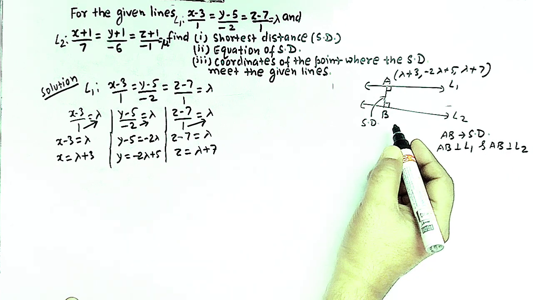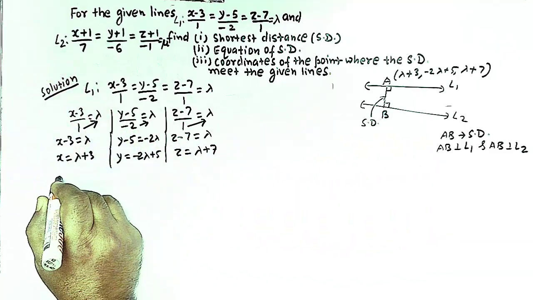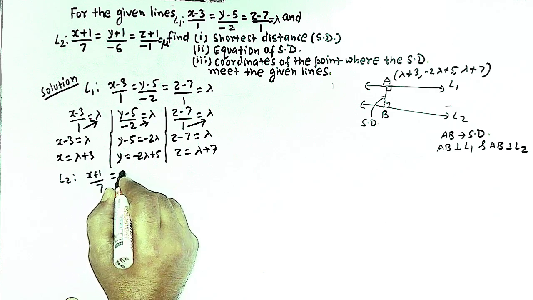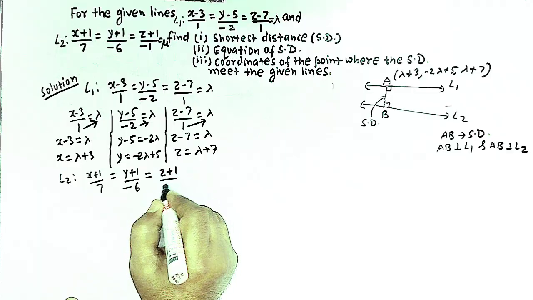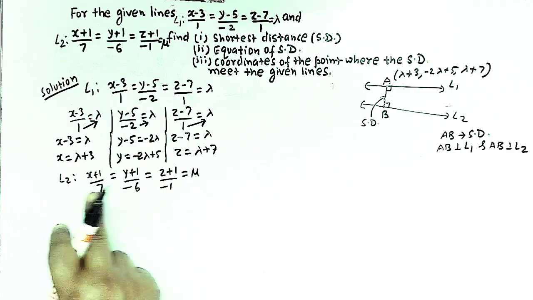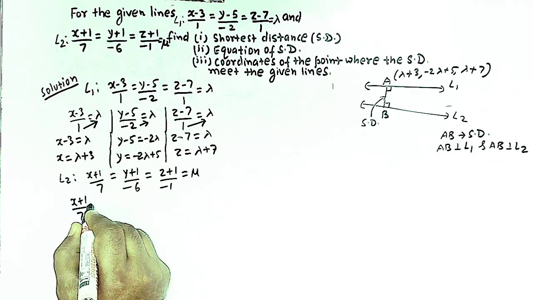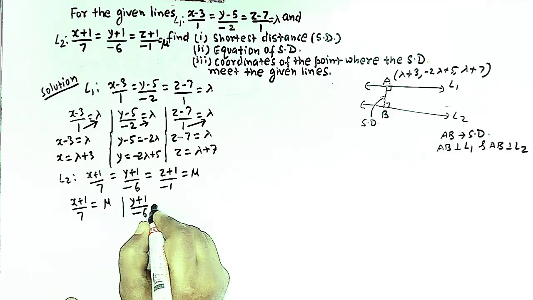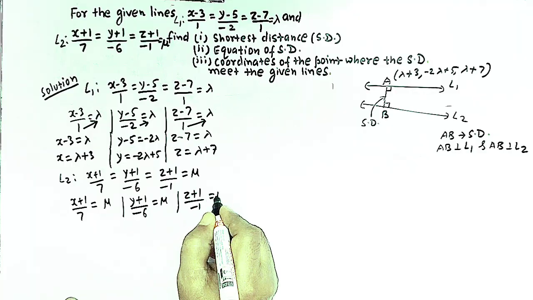Similarly, we can find out the coordinates of the point B from the equation of the line L2. So we have (x + 1)/7 = (y + 1)/(-6) = (z + 1)/(-1) = mu. So let us again form three equations here, that is (x + 1)/7 = mu, (y + 1)/(-6) = mu, and (z + 1)/(-1) = mu.